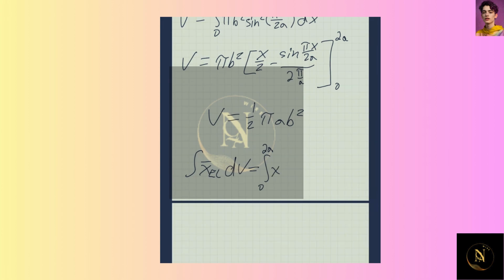This will also be integrated from 0 to 2a along the whole volume. We can plug in x for the centroid of each differential element, because it changes along with each x value along the x-axis.